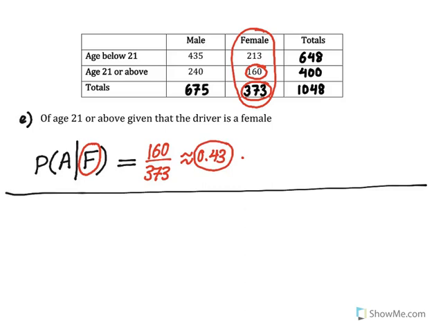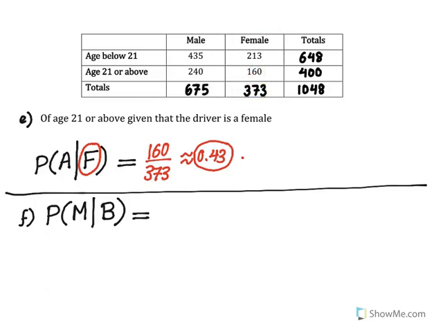I will give you just one more question. Suppose that we have a question which says, what's the probability of, let's say, male given that the age is below 21? So let's see how to solve this. For this one, first let us erase this part and look again.